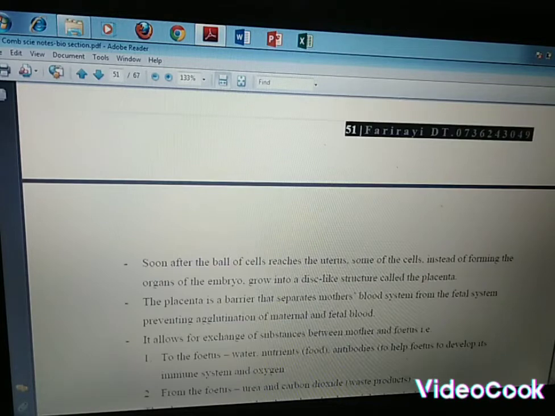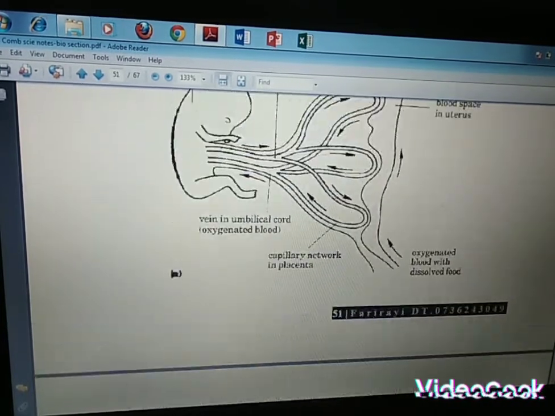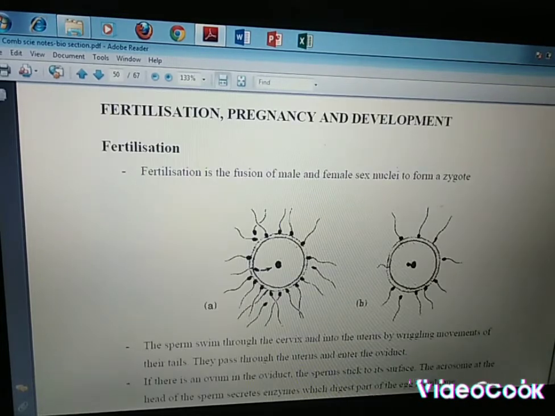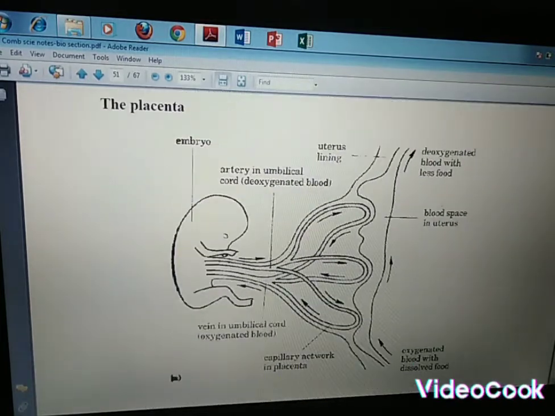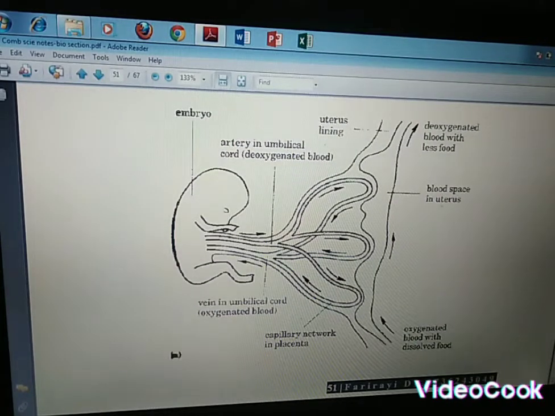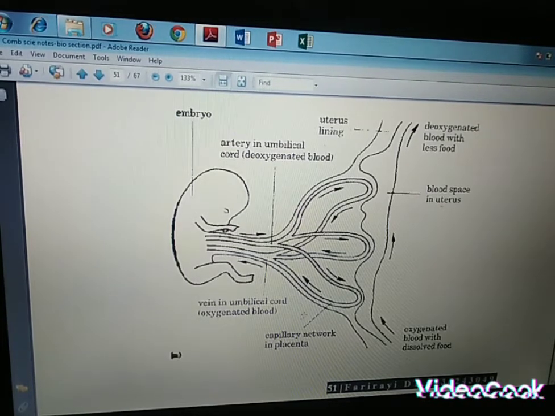For the baby to be alive, there has to be the placenta, so that the baby can get food from the mother's blood. It doesn't get the food directly, right? It gets the food from the mother's blood. Imagine if the mother is starving and doesn't have enough nutrients, the development of the baby will also be altered, right? So now let's have a look at our placenta.